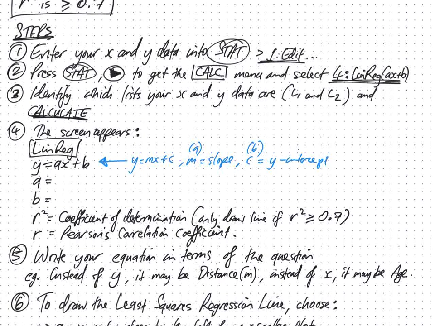So the screen appears and it tells you what the value of a is. It tells you what the slope is, the slope of the least squares regression line. And the b tells you the y-intercept of the least squares regression line.